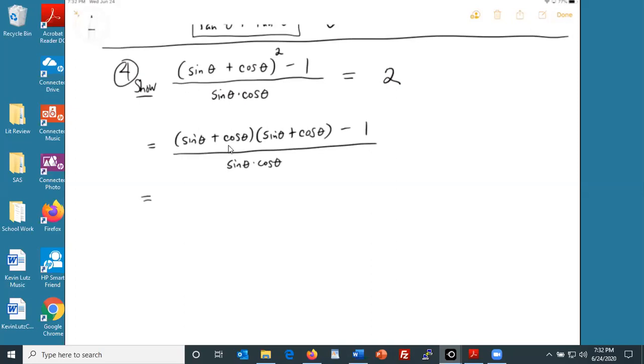All right, so by squaring, we write it out twice, and then we're going to do fronts, outers, inners, and lasts to multiply all these terms together. All right, so first terms, right? Remember, sine times sine is sine squared. So sine squared of theta.